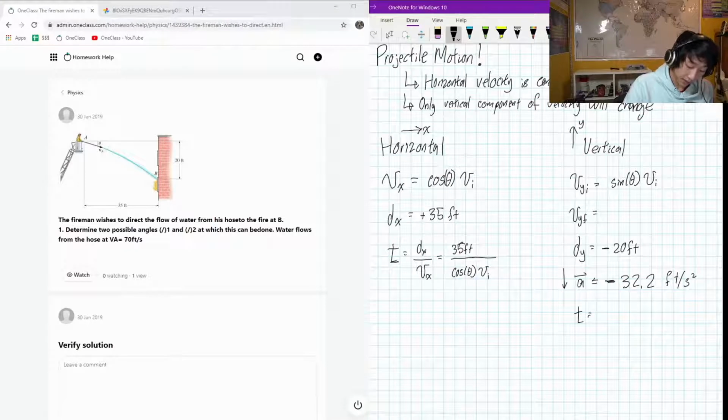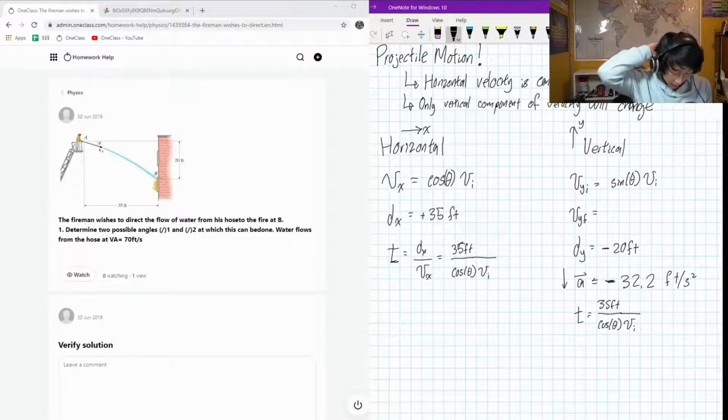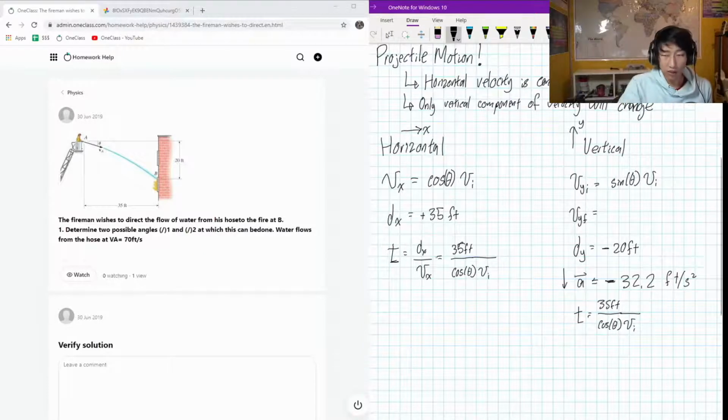And because time is the same for both of them, we know that this is going to be the case for here as well. So 35 feet over cos theta times initial velocity. Okay, that's going to be our cos theta on the vertical side of things.